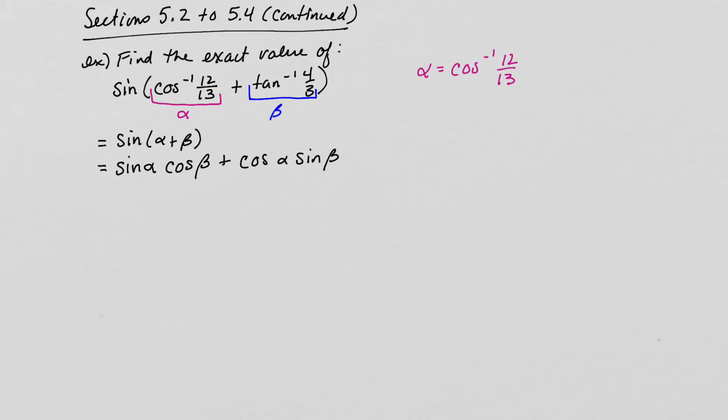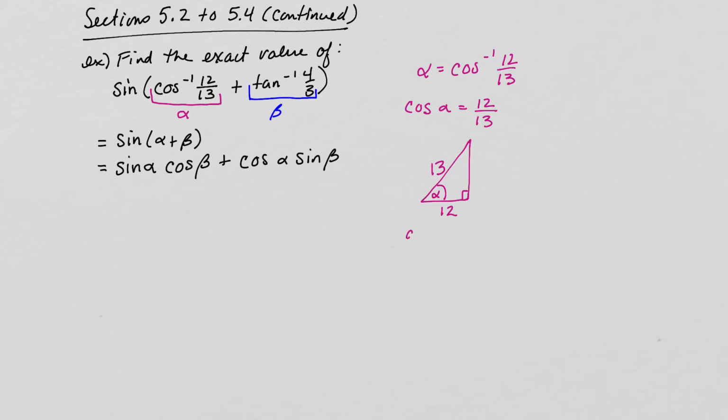If alpha is equal to the inverse cosine of 12 over 13, what that is saying is that the cosine of alpha is actually equal to 12 over 13. And what I can do from there is draw a triangle and say, here's alpha. The cosine is adjacent over the hypotenuse, 13. And then I can use the Pythagorean theorem to help me find the missing side.